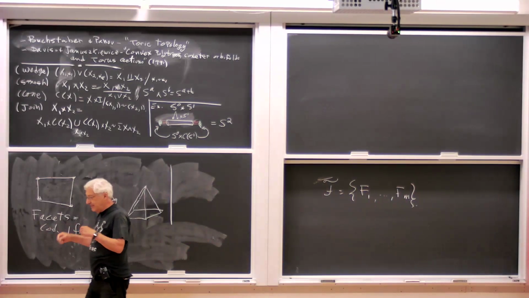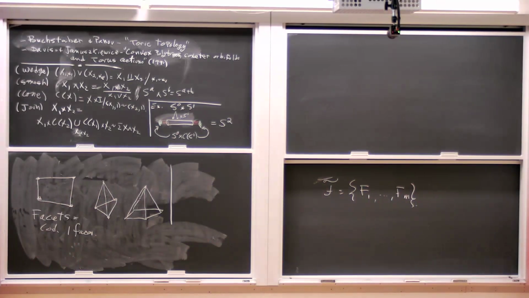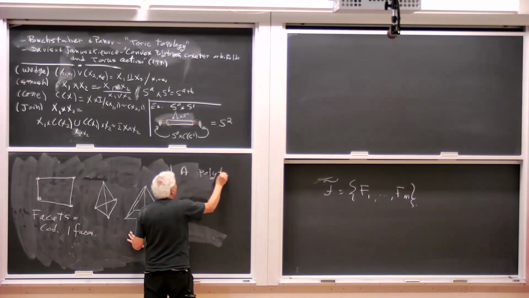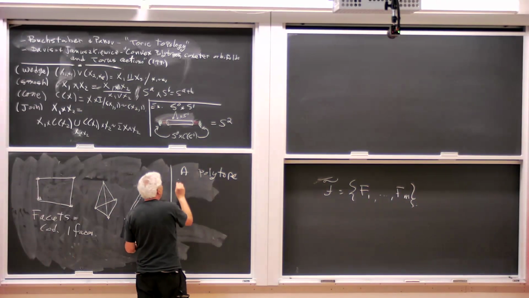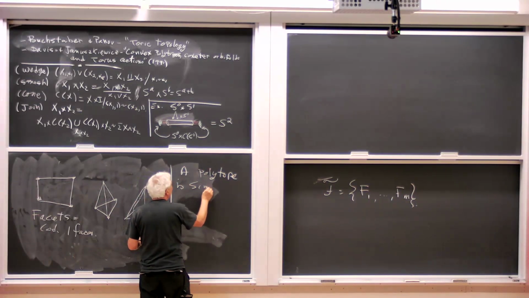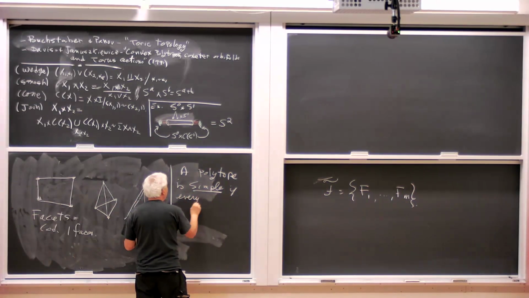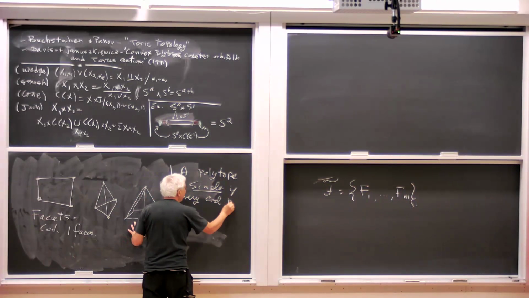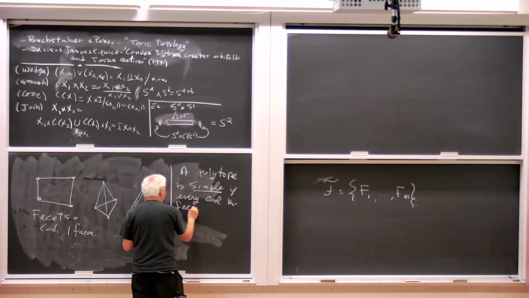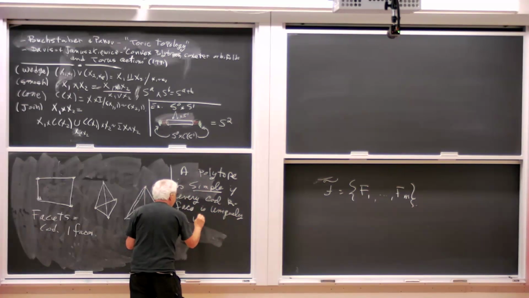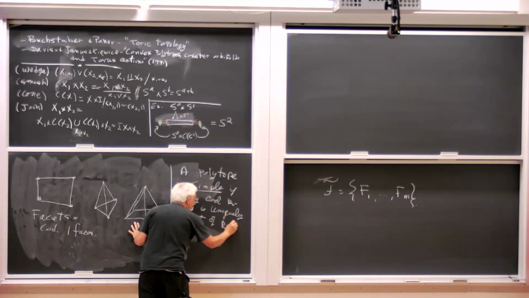Now, within the world of convex polytopes, there are some that are special. A polytope is simple if every codimension k face is uniquely the intersection of k facets.